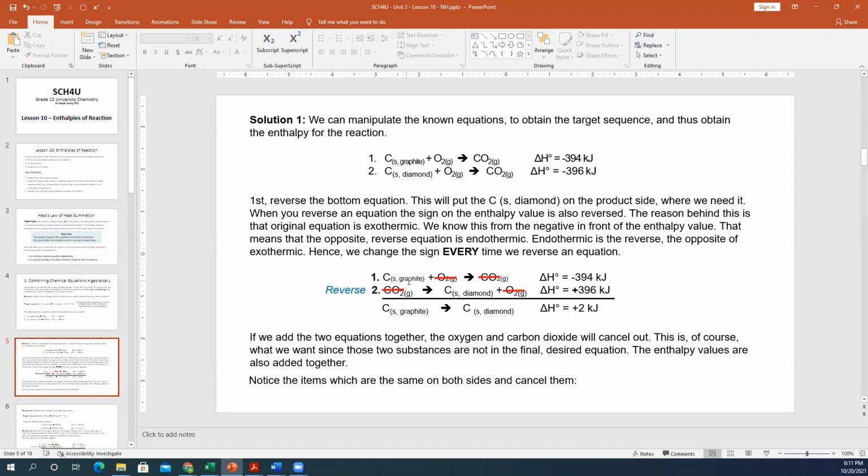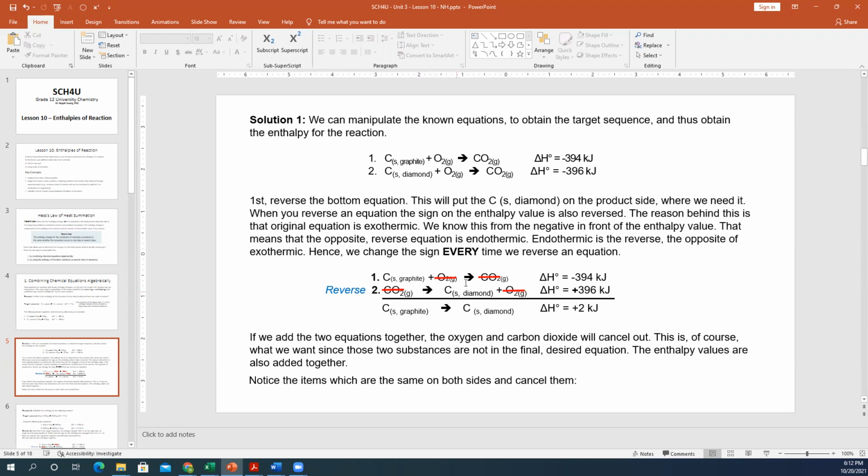Then we can see that, okay, we've got our carbon graphite and we've got our diamond on the correct sides that we want them to be on. Graphite is our reactant, diamond is our product. And then we see that our CO2 terms cancel, because here it is being the product, here it is being the reactant, we can cancel them out.